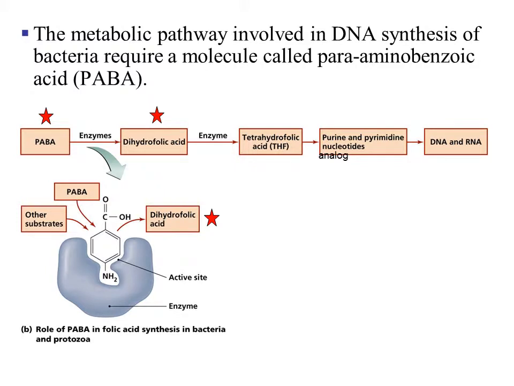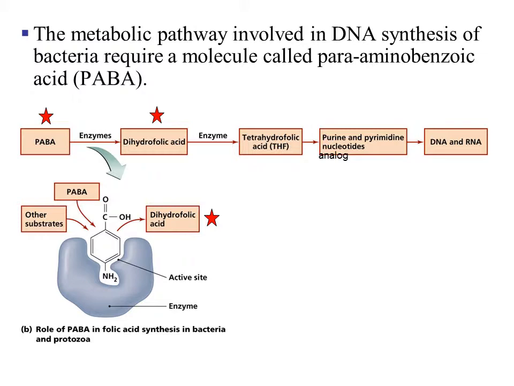The metabolic pathway involved in DNA synthesis of bacteria will require a molecule called PABA. This stands for para-aminobenzoic acid. This molecule must be present in order for the bacteria to make DNA.